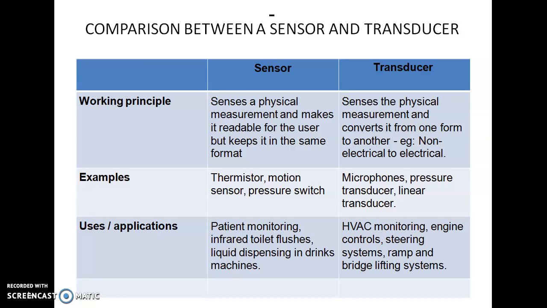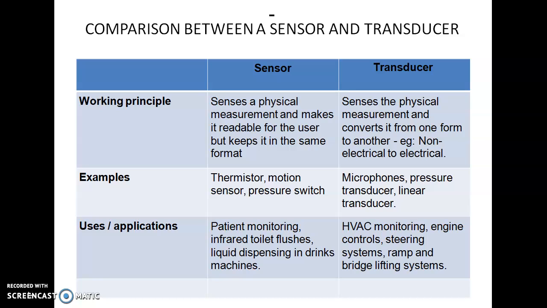But a transducer senses the physical measurement and converts it from one form of energy to another form. That is, a non-electrical quantity, our physical or mechanical quantity, into an electrical quantity. Means a transducer will convert one form of energy to another form, but a sensor will not do that.